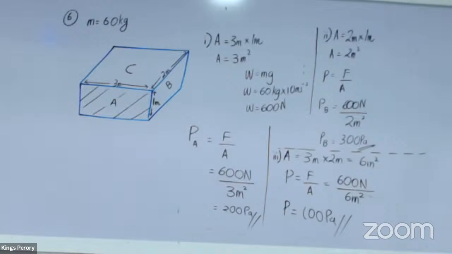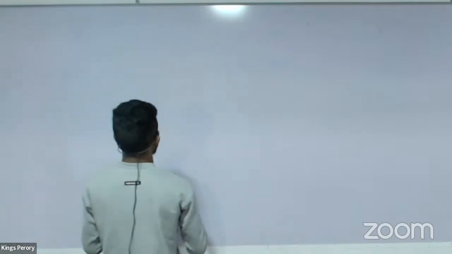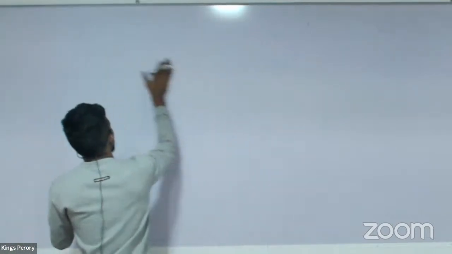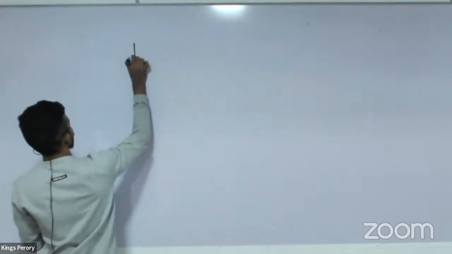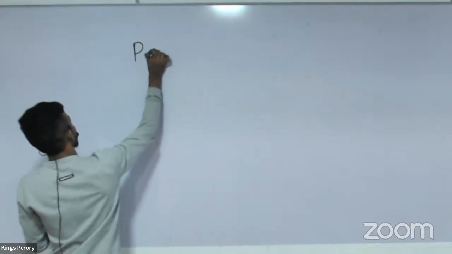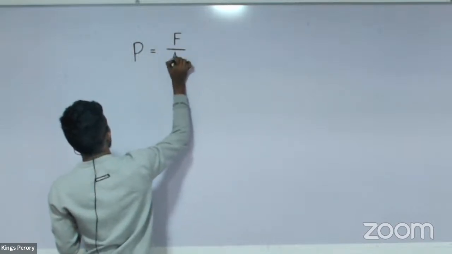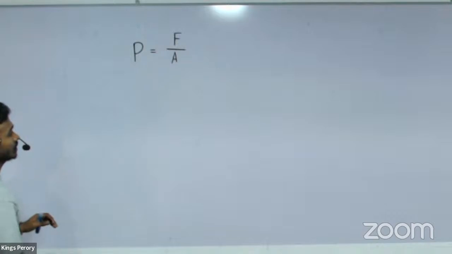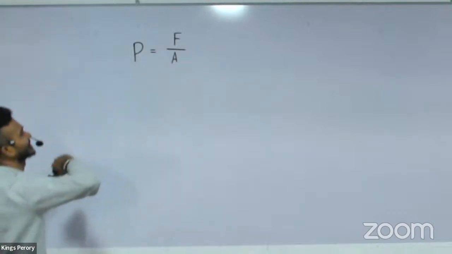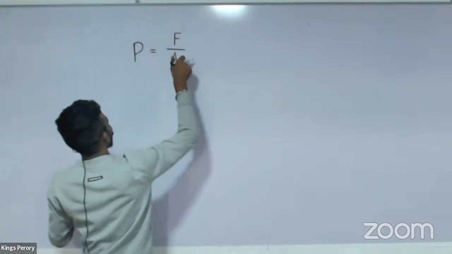Right. One special point. Listen. Tell me, what's the equation for pressure? Pressure equals force divided by area. Now think. Force divided by area is pressure.